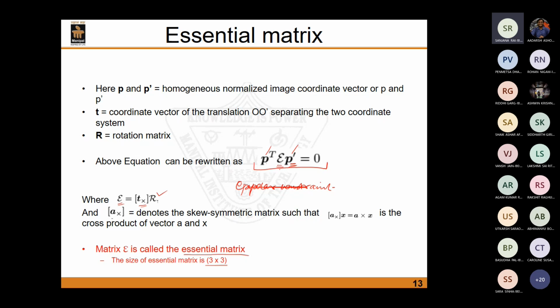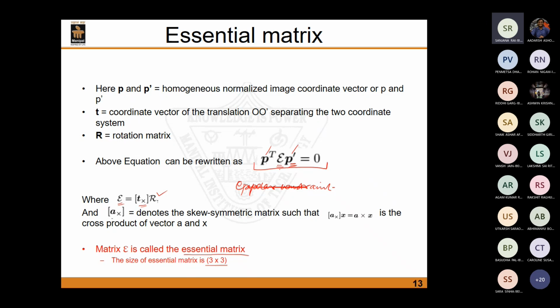Using the epipolar constraint, we find these corresponding point pairs. Once we have the corresponding point pairs, the next step is the actual reconstruction, where given the corresponding point pairs, we try to find out the capital point P, and that is the reconstruction method.